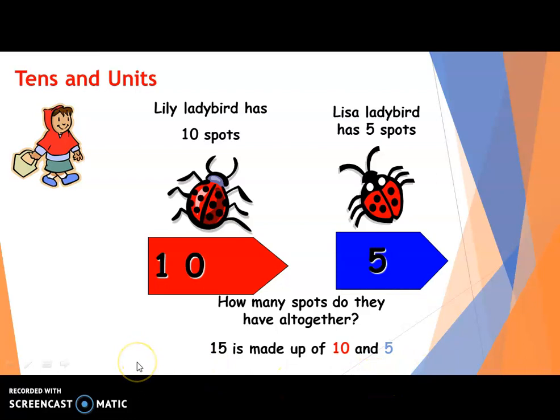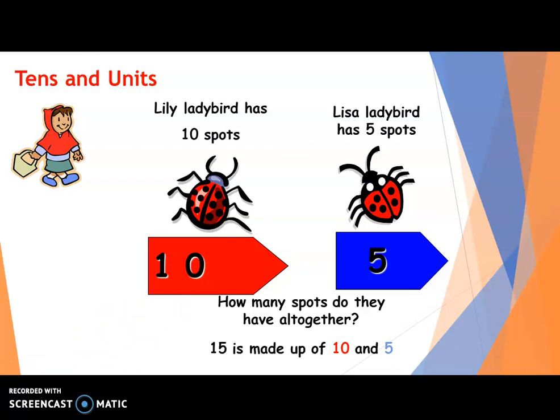Okay, so let us now think of the place value. We're talking of place value. So Lisa has 5 spots, meaning to say that Lisa has 5 ones, which is equivalent to 5, or the value of 5 ones is 5, while Lily has 10 spots.